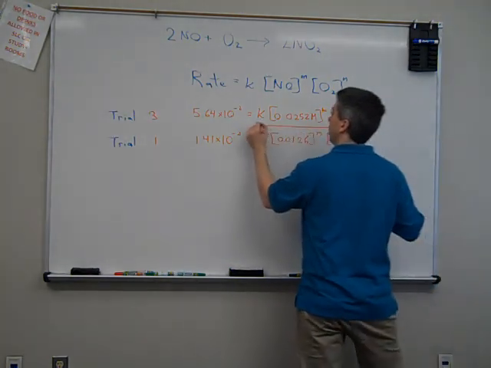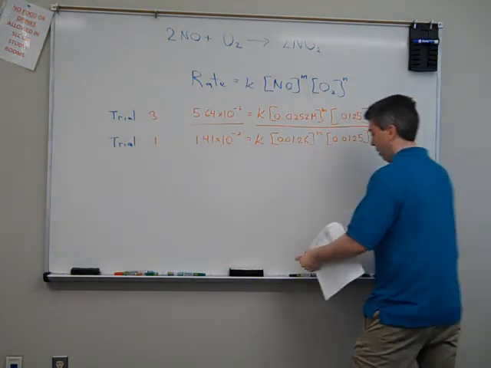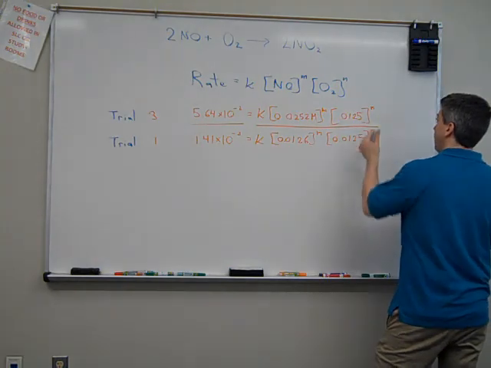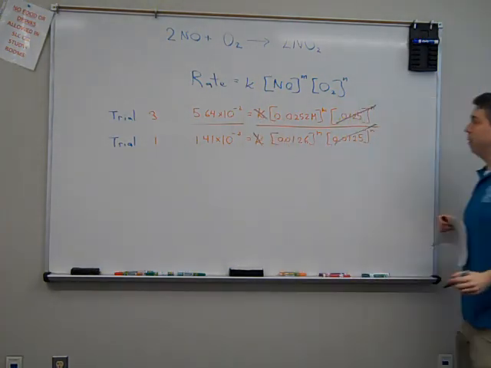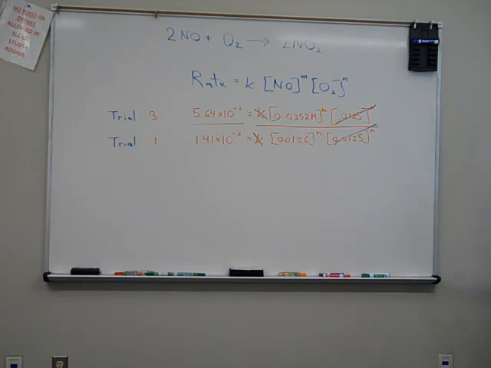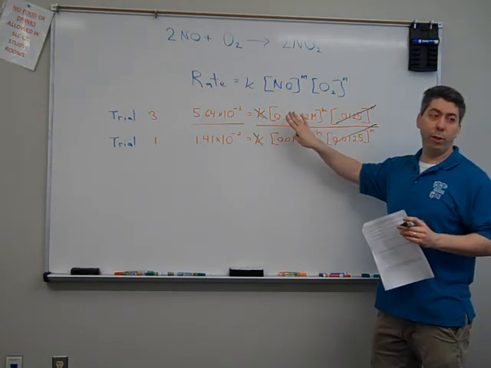So I'll divide these then. And with this, I can clearly see that my oxygen now cancels out, and my K is still going to cancel out. And so now I can go ahead and do the final part and solve for M.